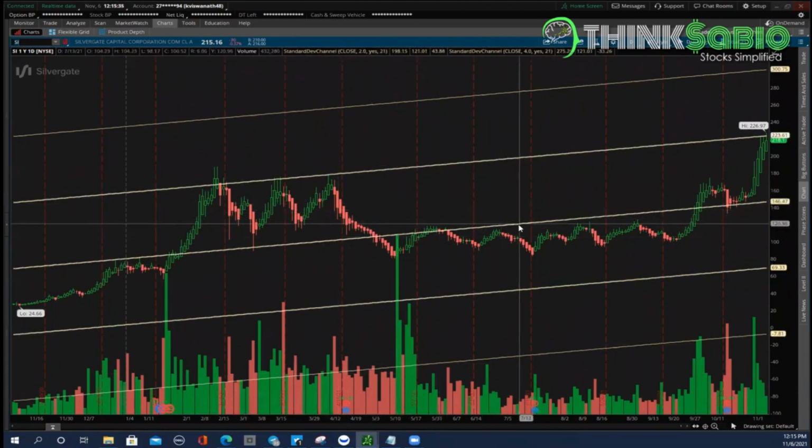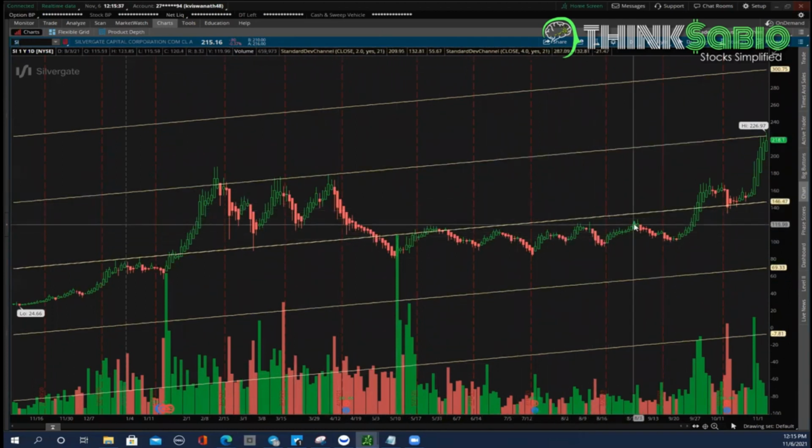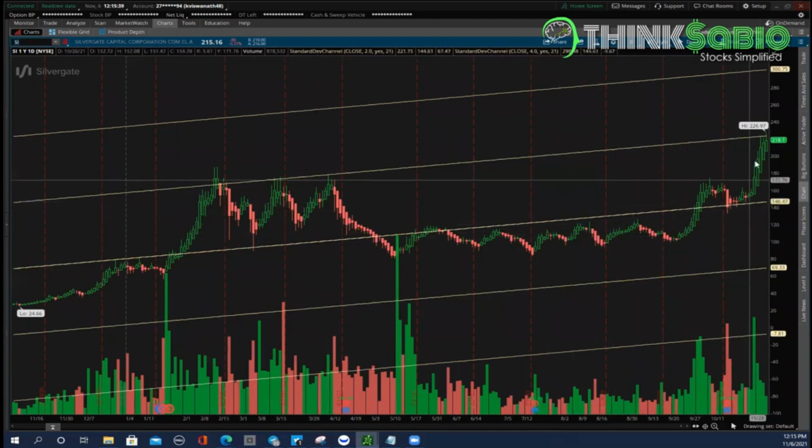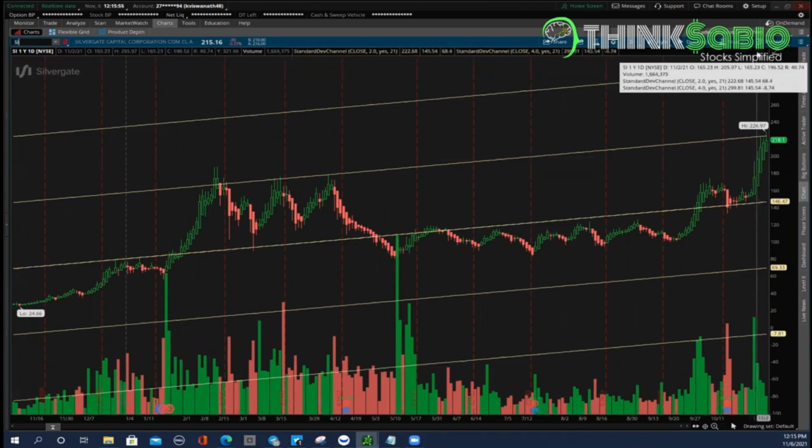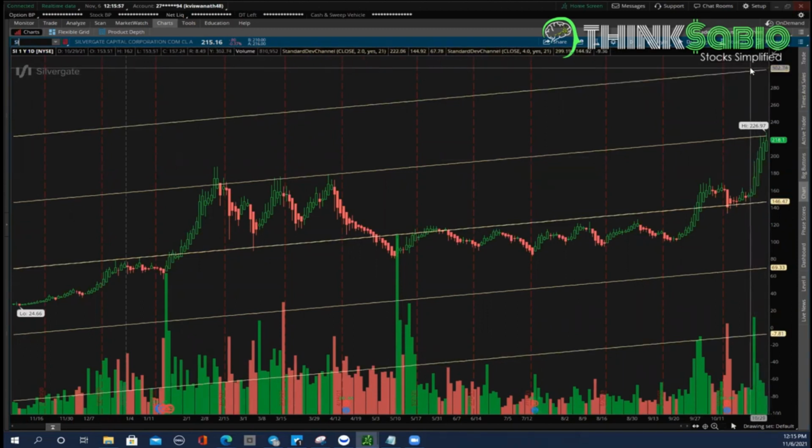I personally like to see this to get a gauge of where the stock is. Is it overextended, or is it oversold? Along with RSI, I like looking at standard deviations to see where the price is. And if some stock is hitting above 300, it's not fundamentally good. Not above 300, above the 4th standard deviation.